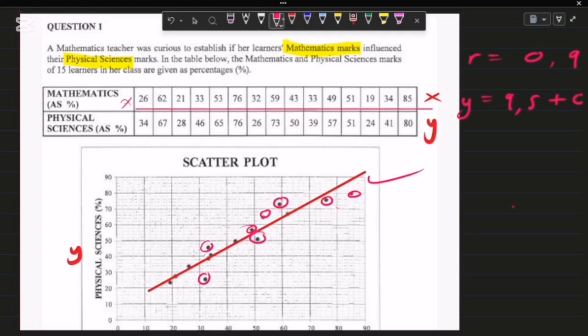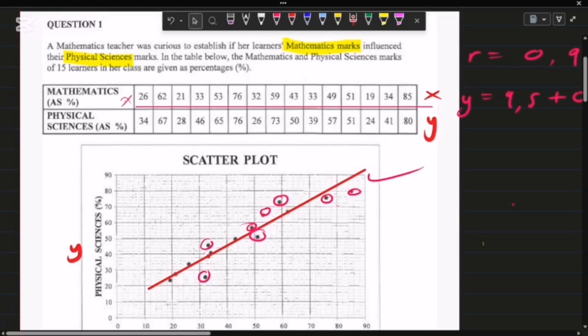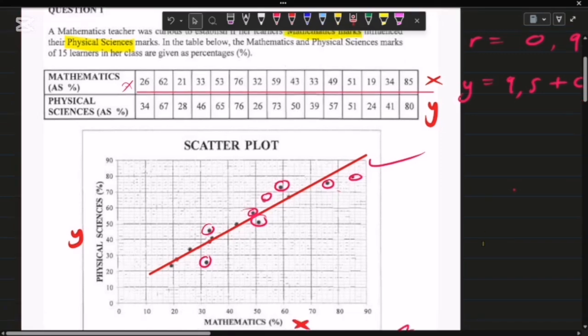Okay, but then 69 is within the range of this data set. In other words, it is between the smallest one, which is 19, and the highest one, which is 85. So in this situation, you will agree with me that it is the process of interpolation.